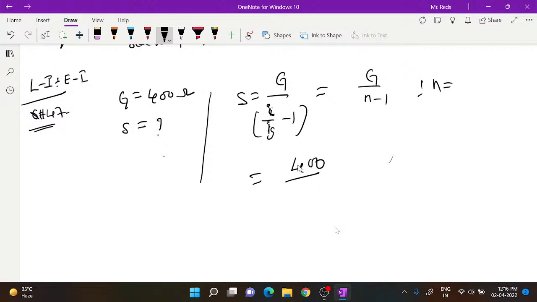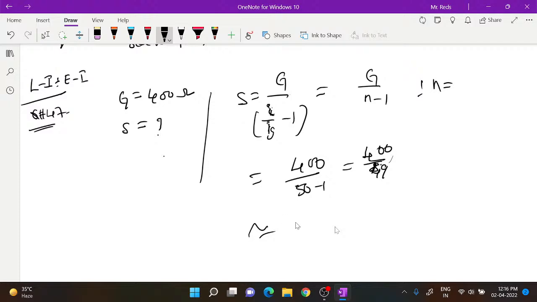If it is reducing by 1 by 50 times, means 1 out of 50 times. So 50 times it reduces, so 400 by 49, approximately equal to 8.16.